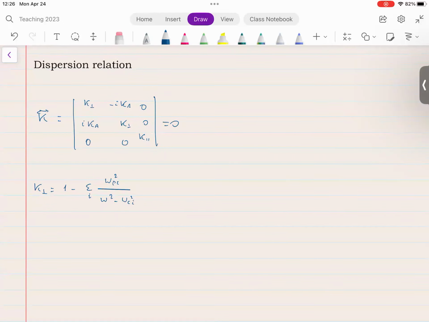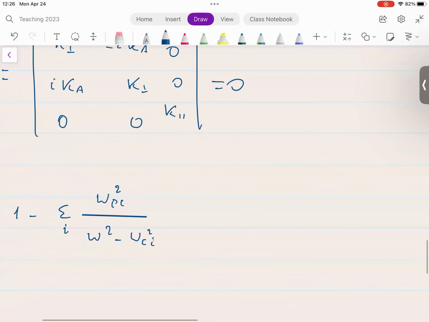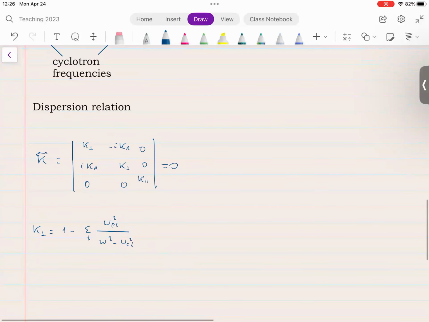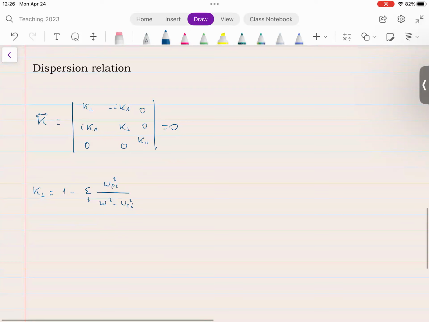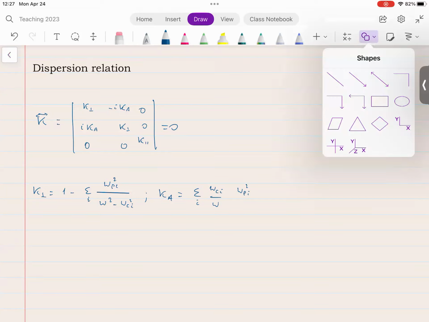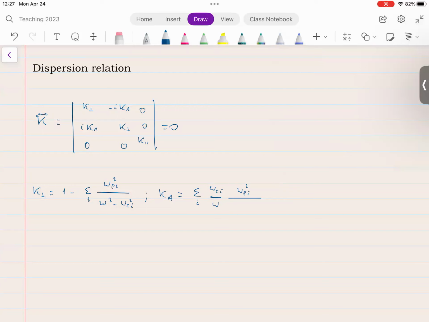The k sub a term is the sum over i of omega cyclotron over omega times omega plasma square over omega square minus omega cyclotron square.